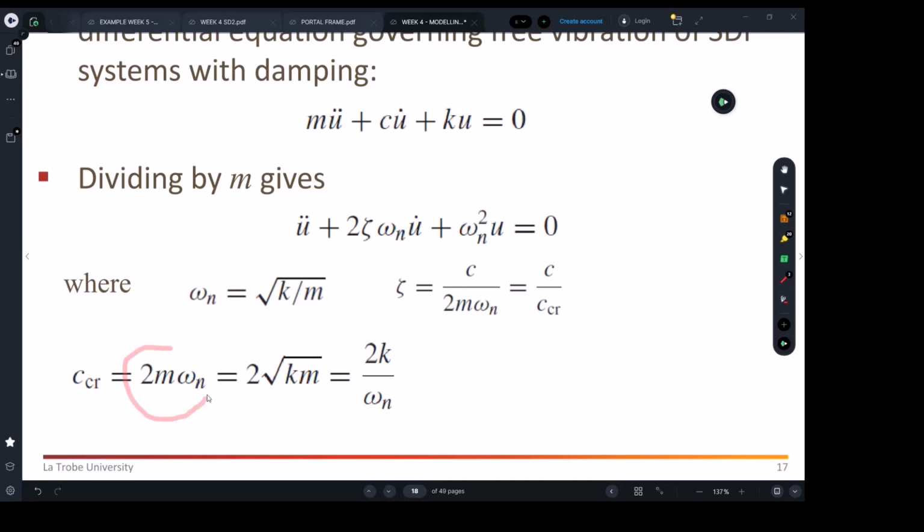If you look at the algebra inside there, you're going to see we can end up with this definition. We just replace omega by root of k over m, and then we squared this m inside the root, and we ended up with this arrangement. So it's not really complicated. Then we can also define critical damping by this figure.